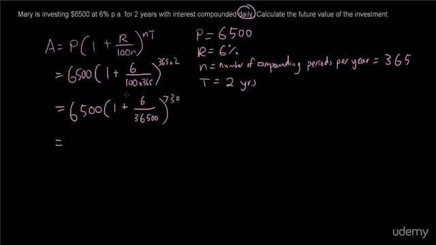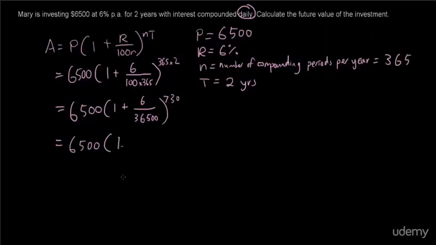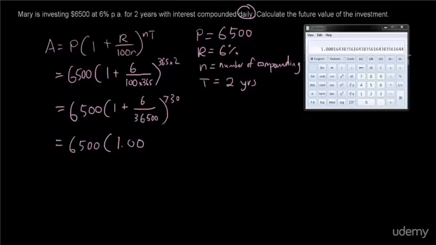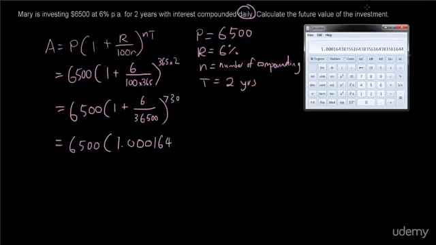Okay, now I would type this part inside a bracket into the calculator first. So it's 6 divided by 36500 and then plus 1, which is 1.000164384.